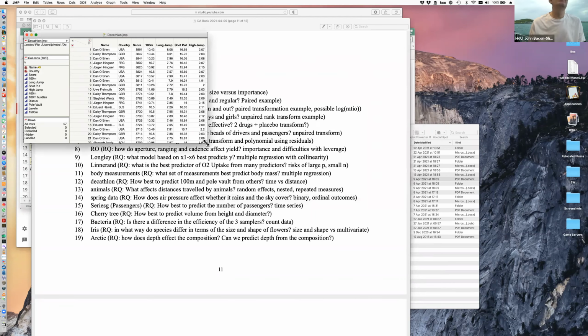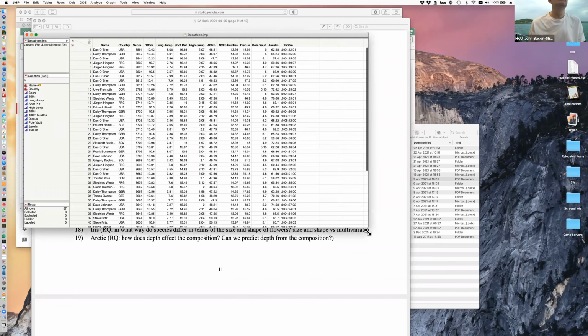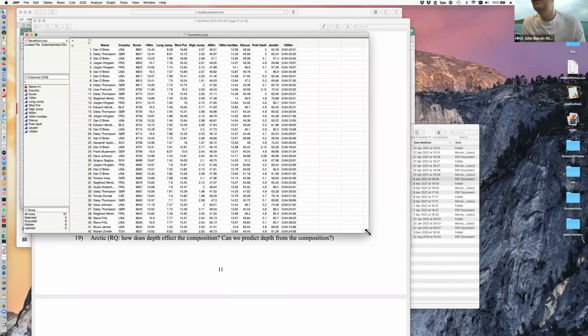But the reason it's the name of a store is because it is possibly the most prestigious Olympic event. Why? Because it's the Olympic event where you have to be the best all-round athlete. So you will see it has the 100 meters, the long jump, the shot put, the high jump, the 400 meters, the 110-meter hurdles, the discus, the pole vault, the javelin, and the 1500 meters.